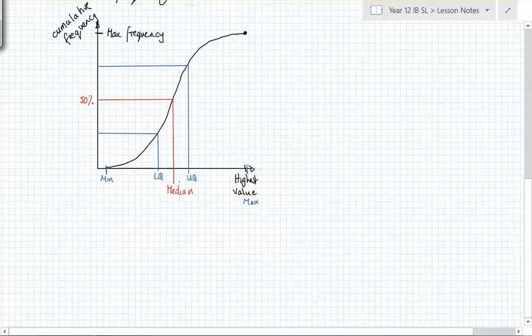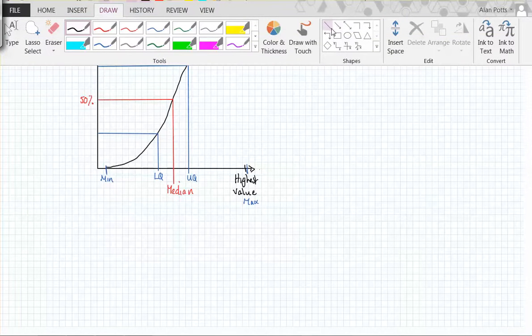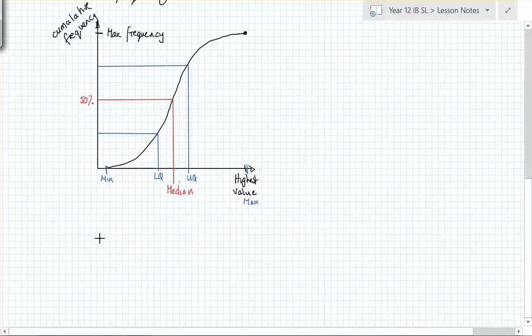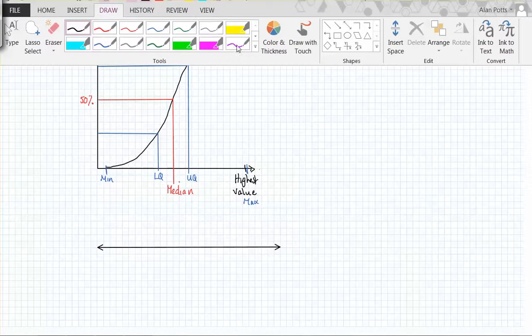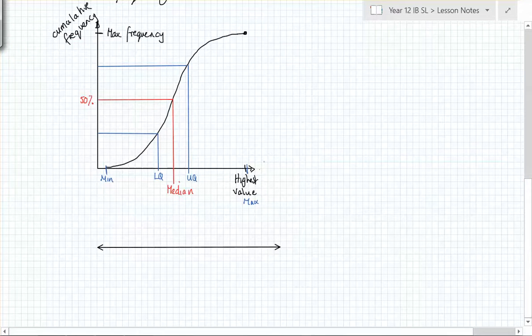So, if I were to redraw my scale, can you see how I can go from a cumulative frequency curve to a box and whisker? Is that a yes to everyone? Yes. Yeah? How would you do it? Michelle, how would you do it? How would I go from my cumulative frequency curve to box and whisker? You would take the interquartile range.